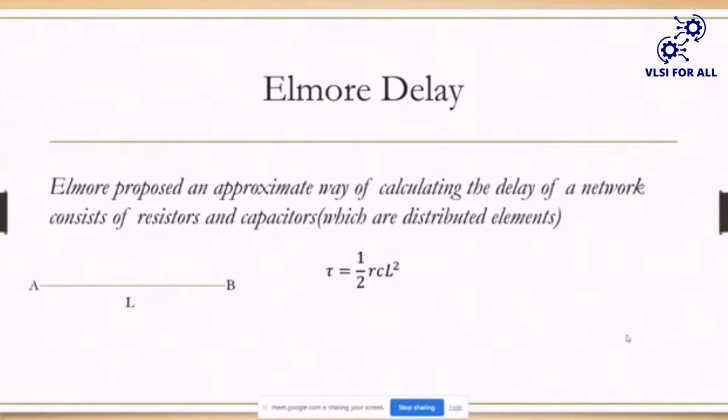You can reduce the interconnect length. As the interconnect length is reduced, you can optimize the delay. There is an enormous change, because delay is proportional to the square of the length. So if you reduce the length by half, it reflects as 1 by 4.